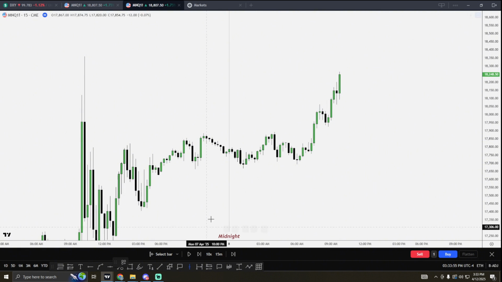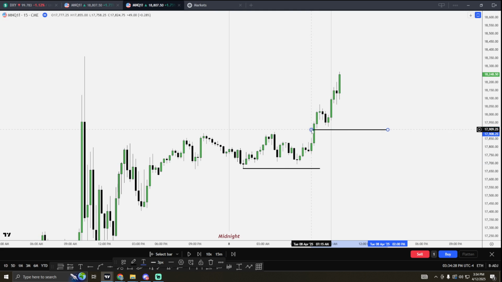And then from midnight to 9 or 930, I say 9, but 930 is another one too. So midnight to 9, what this is showing you is where the pools are, and this helps you pick a bias for the opening range. You have a liquidity pool here, and a liquidity pool here.